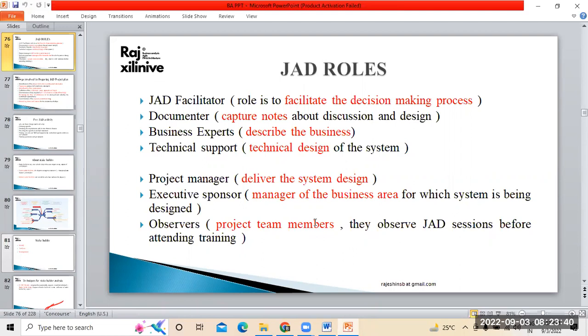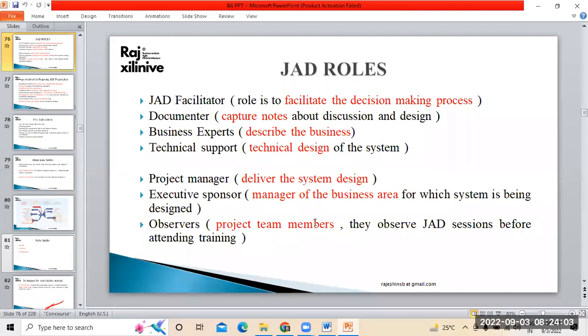All of these come under technical support. Technical support and technical design are essentially required in the JAT session, so that you know the technical difficulties and what technical designs we have.